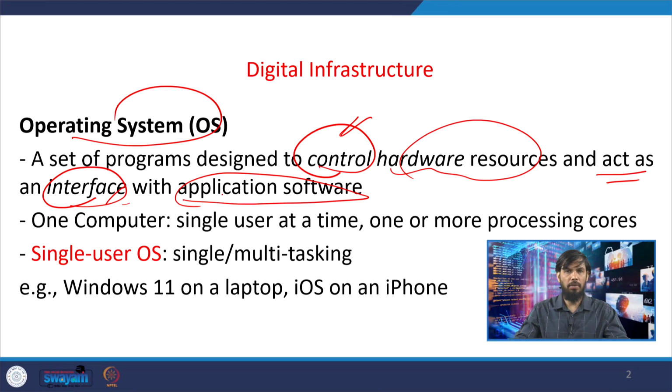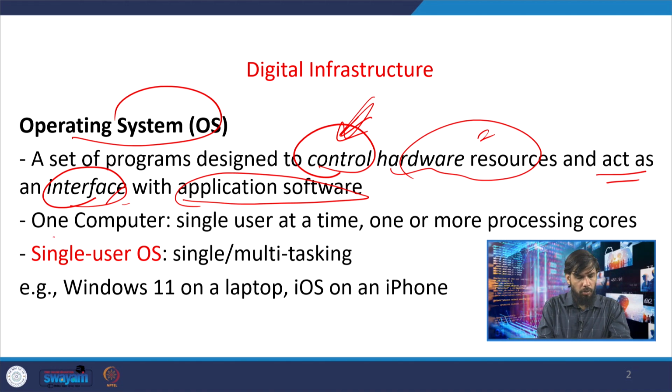As we talked about in the previous sessions, the operating system is an example of system software, or rather it is the system software, and acts as an interface with application software. Its main role is controlling hardware resources, so that applications which might be vying for the same hardware resources have their requests managed, and the applications could be executed in a fair manner or real time manner.